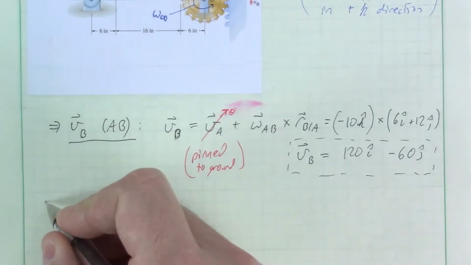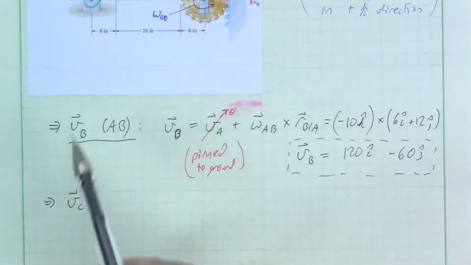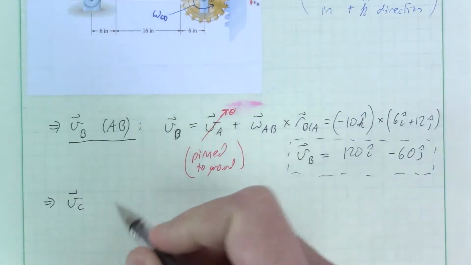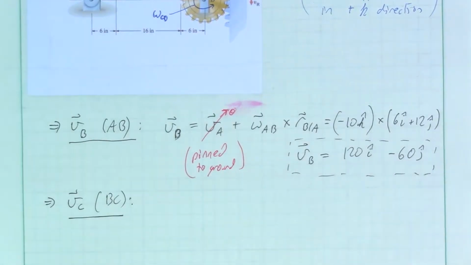Now let's move on to the BC bar, and we'll use the information we now know about the velocity of B to get to the velocity at C using our BC rigid body.